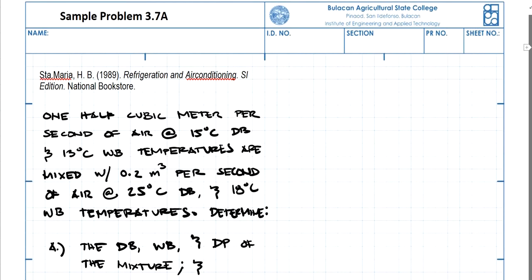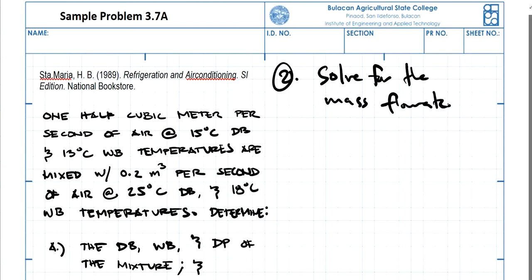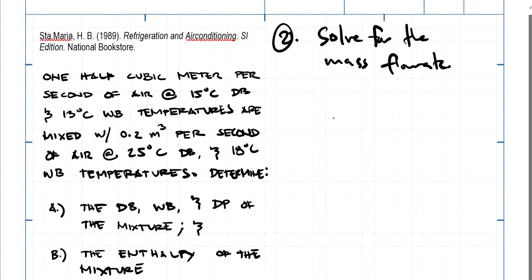Okay, so now the next step is to solve for the mass flow rate. For the mass flow rate, we have MA1 is equal to the volumetric flow rate divided by the specific volume.